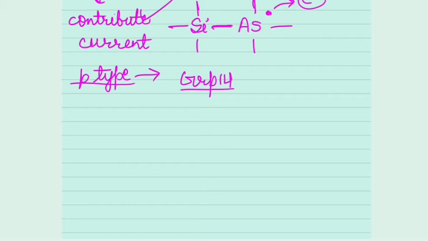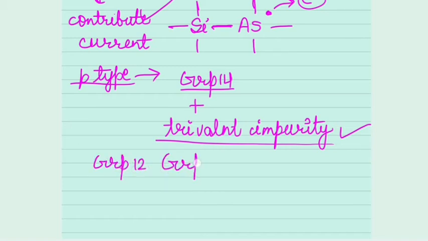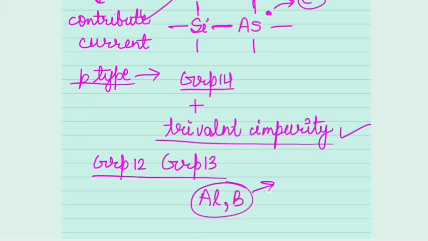Along with it, we require a trivalent impurity, because I require something which has an electron deficiency. This will be only a trivalent impurity, meaning group 13. The examples here are aluminium and boron. These can make 3 bonds, and a maximum of 3 bonds can be made.